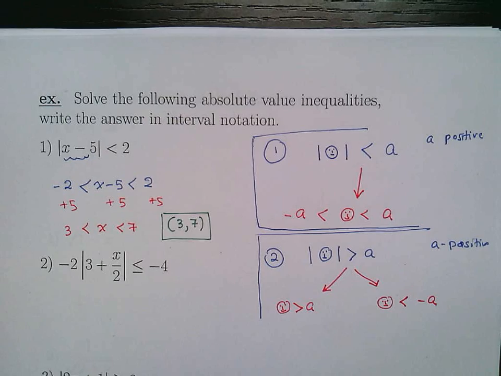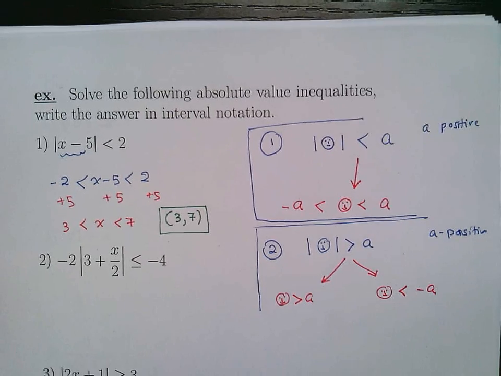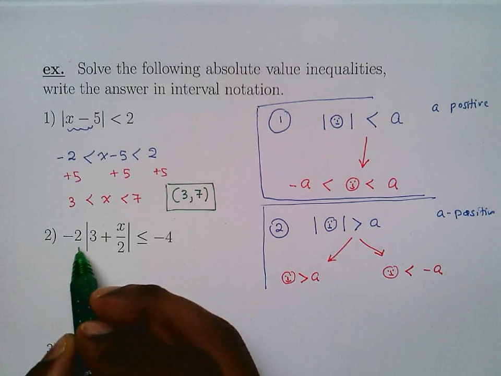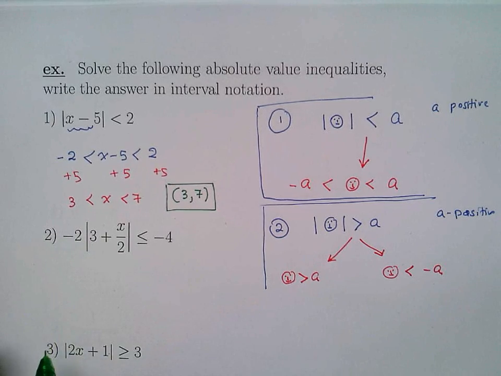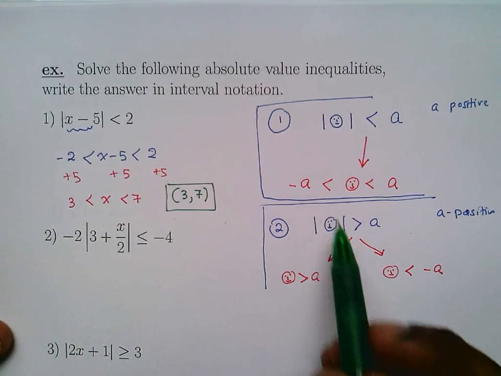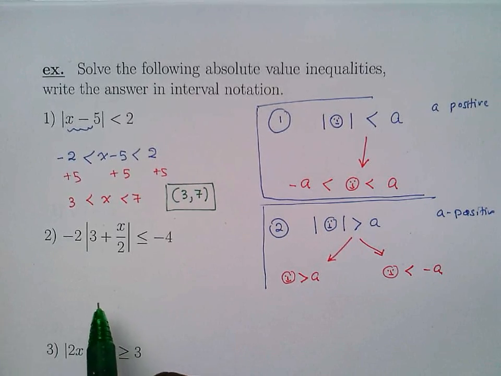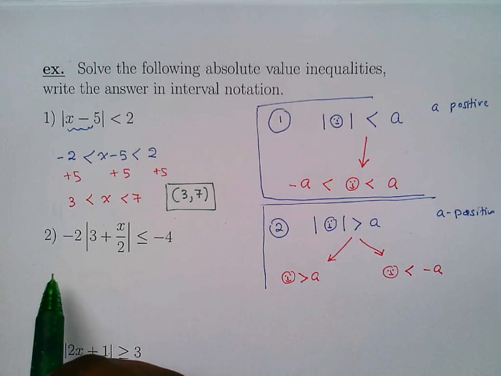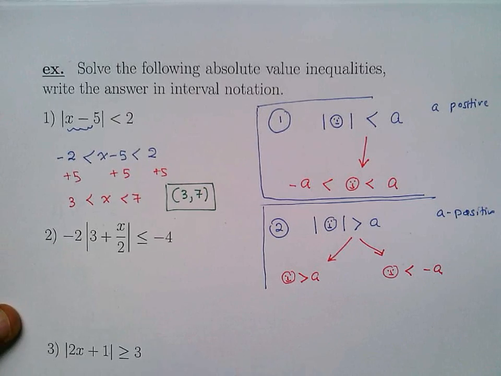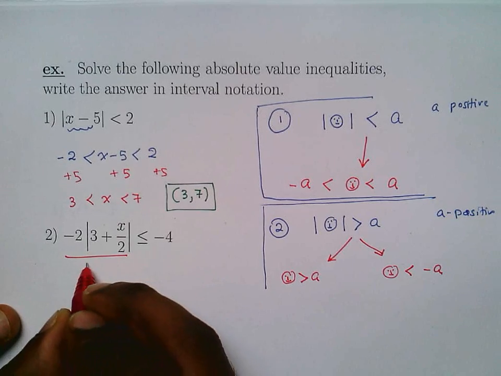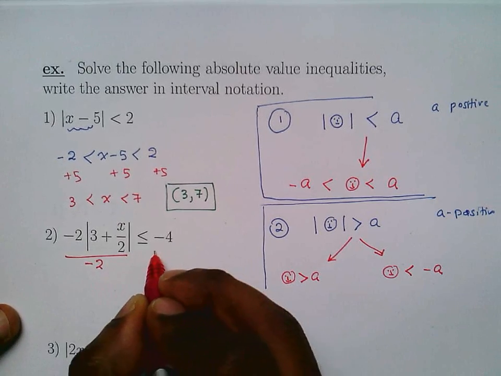Now one thing you have to remember is if you solve an absolute value inequality, you will have to make sure there is nothing in front of the absolute value notation in order to break it apart. If there is something, just divide or multiply or do something to get rid of it. Right here you can see that there is a negative 2 that is unwanted. So I will divide both sides by negative 2.